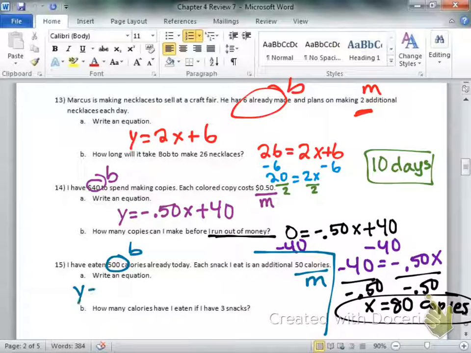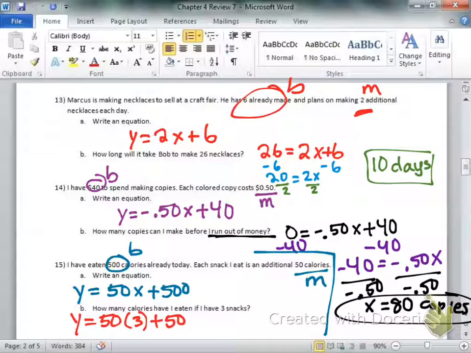Alright, so that's going to be y equals 50x plus 500, where the x is the number of snacks and the y is the total calories that you've had. Alright, if you have 3 snacks, what's your new total of calories? So I am going to put the 3 in for the x. When you do that, you get 150 plus 500, that's 650.